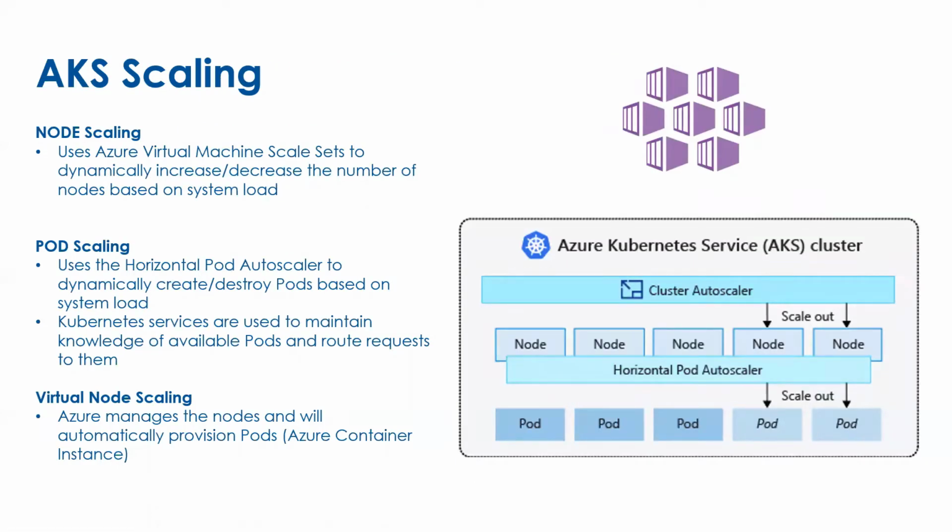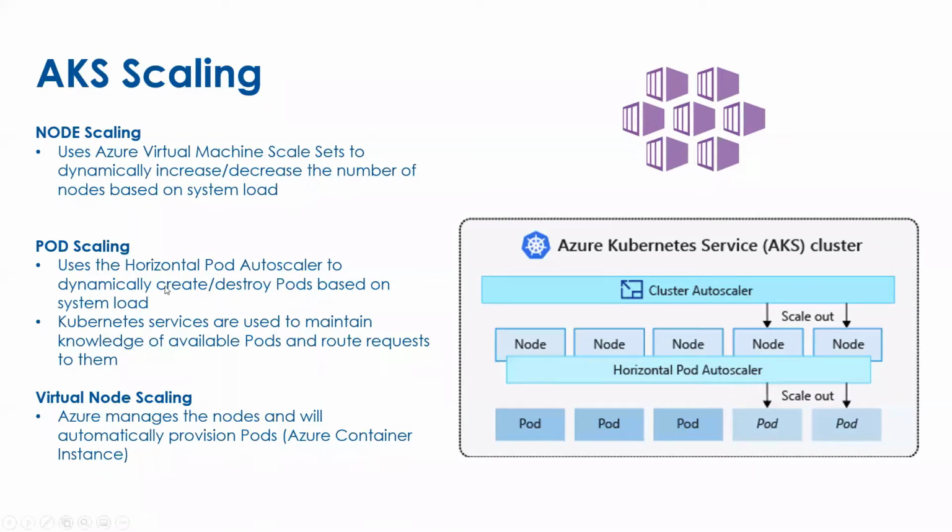So as far as scaling, there's multiple levels of scaling in AKS. There's node scaling, which uses the virtual machine scale sets resource inside Azure to dynamically increase the number of nodes. These are actual virtual machines that, as they become loaded up, the scale set mechanism can spin up a new virtual machine that gives you more capacity to run more pods.